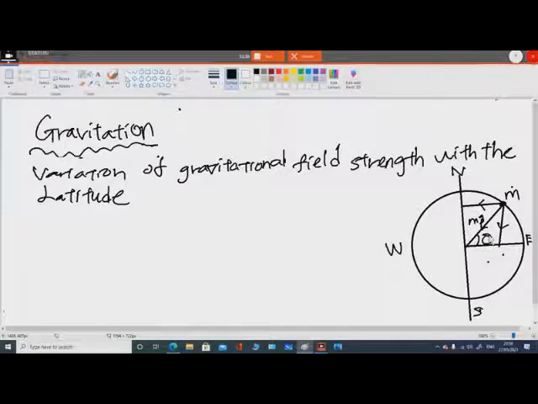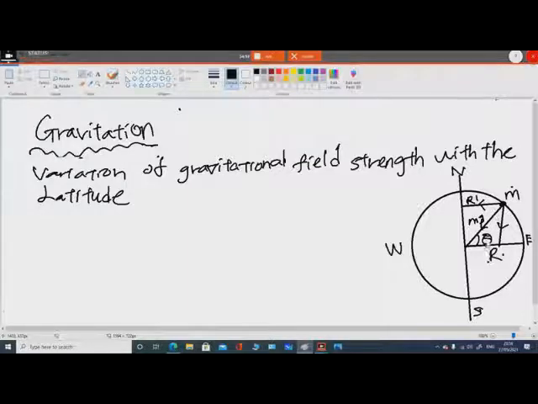As the mass lies at the angle theta here, this will be our radius. This radius is the actual radius of the Earth, but the location of the mass m is actually at r prime.